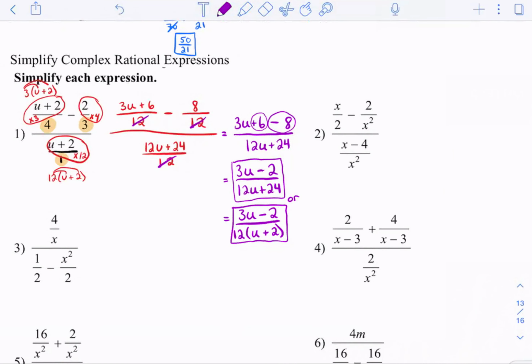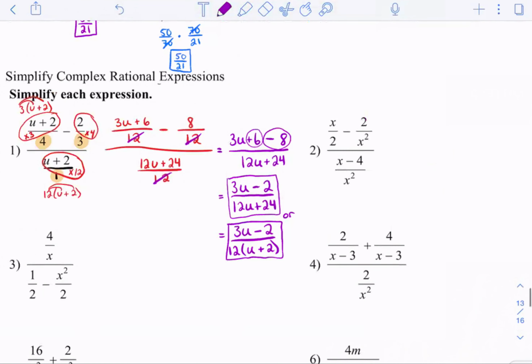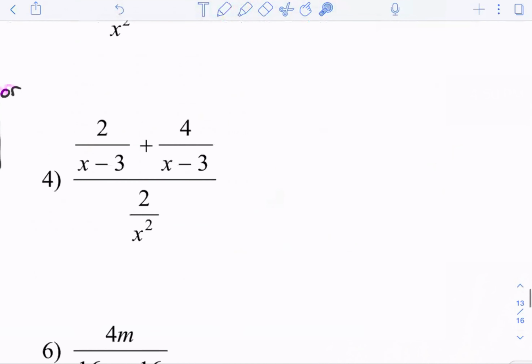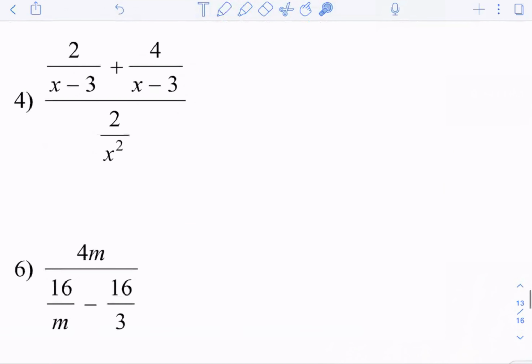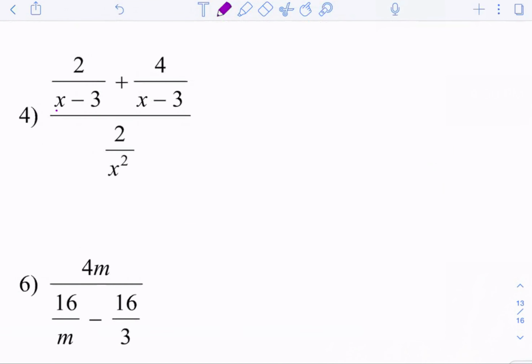So let's try one more example. I'm actually going to jump to number 4 because now if you take a look, the denominators are expressions. So take a look at number 4 here. We have an x minus 3, an x minus 3, and an x squared.